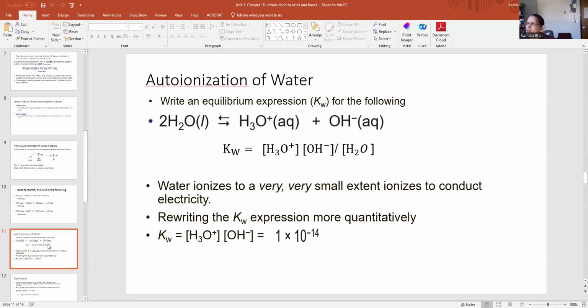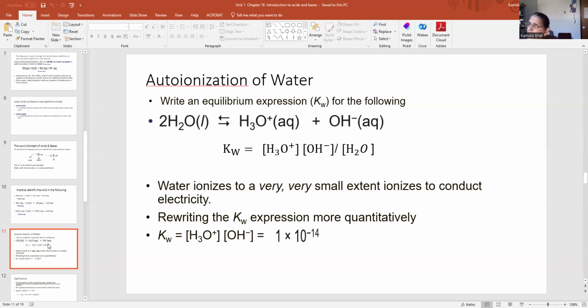But the amount of water present is in such a large extent that we can literally eliminate its presence or its change in concentration because it hardly changes. And therefore, we can write Kw as equal to H3O+ times OH-.